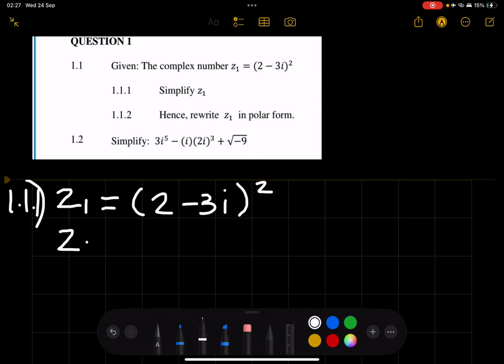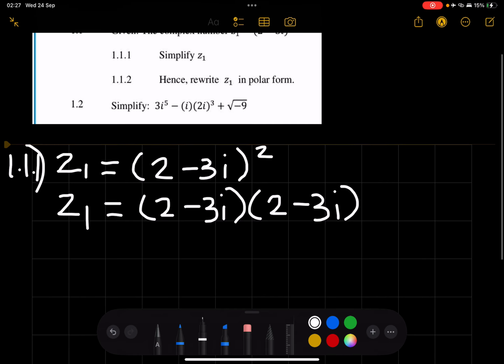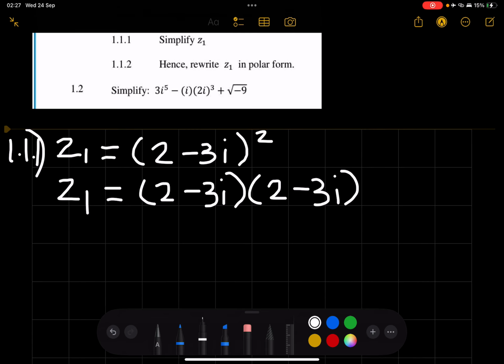So I'm going to say Z1 equals 2 minus 3i and another 2 minus 3i because of the square, right? Okay, and then remember, we're going to say this times that and this times that, and then come with the second one and times again, right?